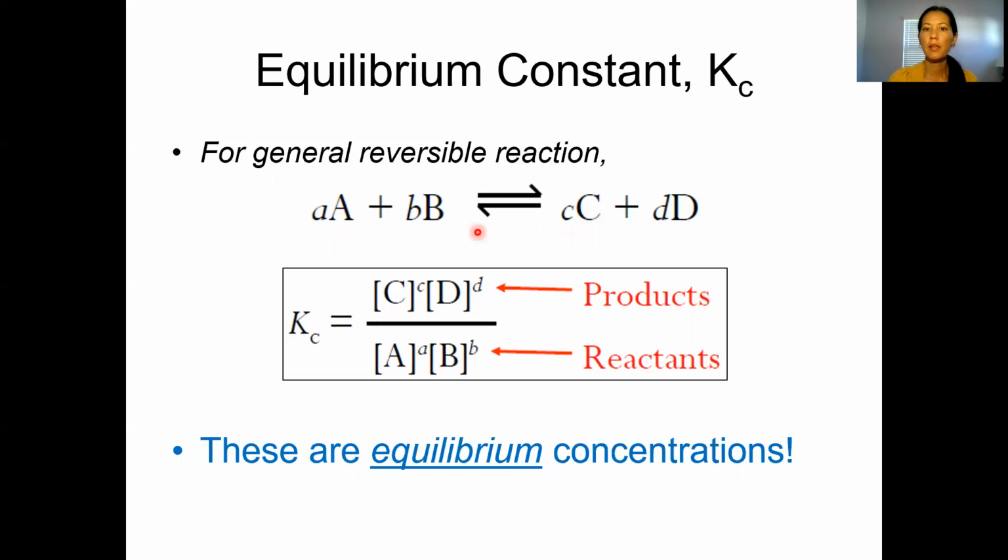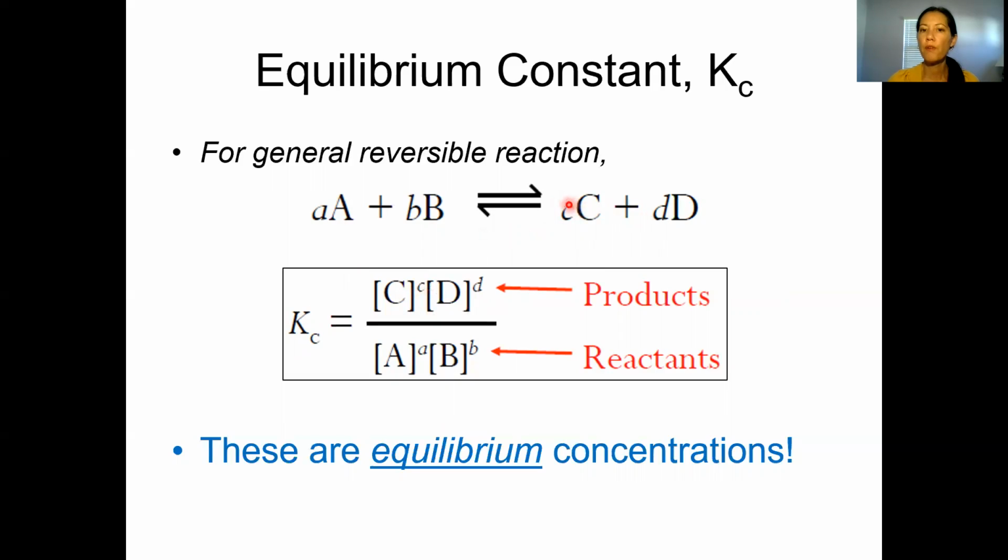A plus B gives C plus D, but this double-headed arrow, or arrow in two directions, emphasizes that this reaction is reversible. Our equilibrium expression is arranged so that we have some constant K, and a constant is just some number for this reaction. K is the product concentration, so the concentration of your products, to their coefficient power.